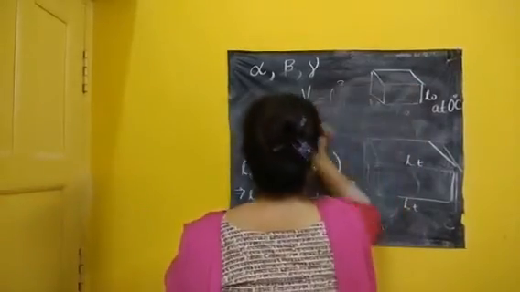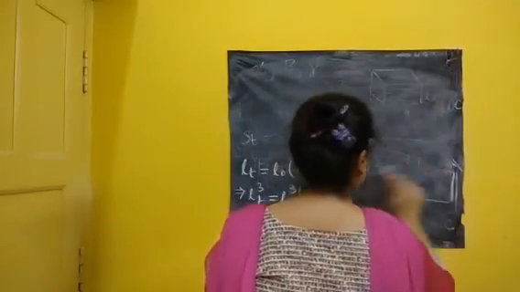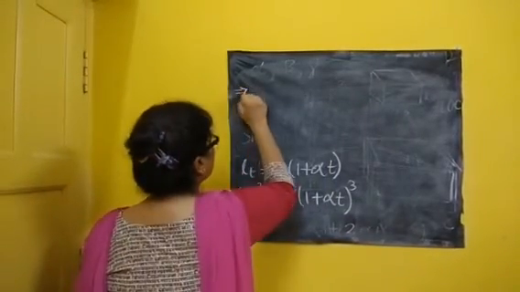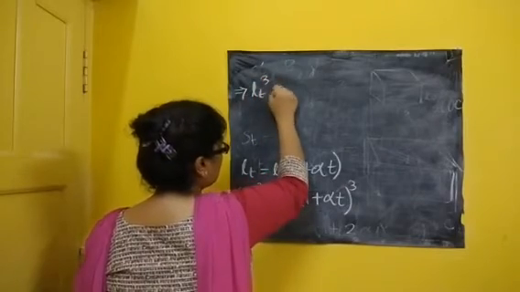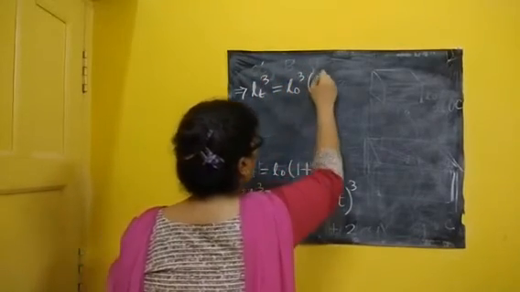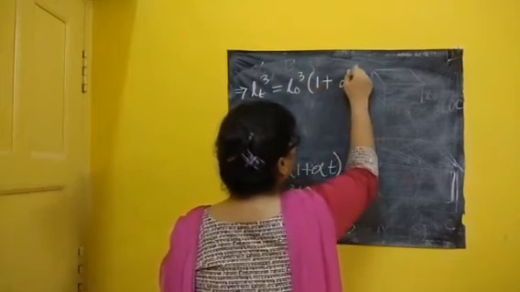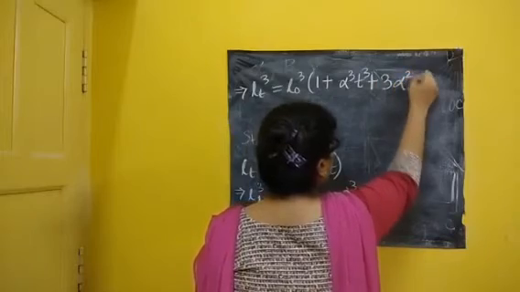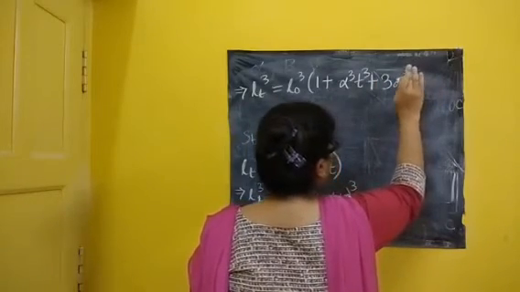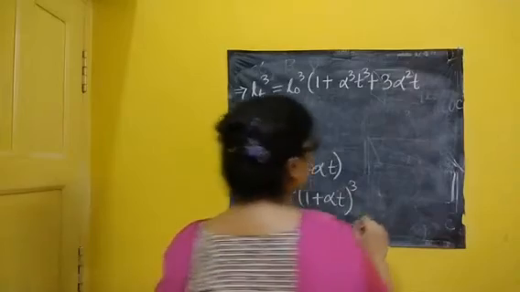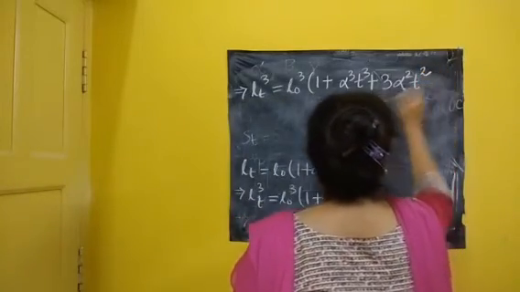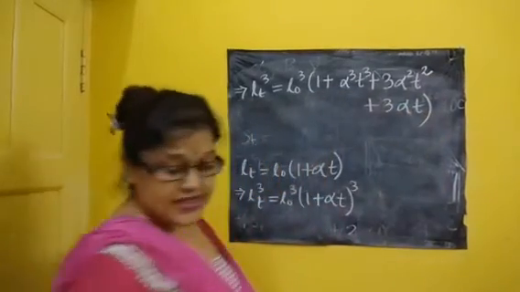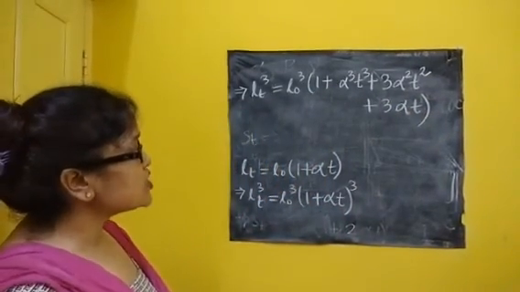Clear? Now the (a plus b) whole cube formula. Therefore, Lt cube equals L0 cube (1 plus alpha cube t cube plus 3 alpha square t square plus 3 alpha t). Clear? Same reason, alpha has a small value.